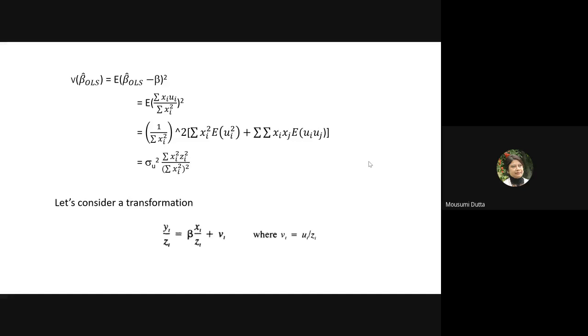Okay, so this is one problem. And another problem is, look at the transformed equation. So when you are transforming the equation, yi and xi, or yi by zi and xi by zi are not identical to yi and zi. Now, if your research is with respect to some variables with which you want to finally conclude about everything, in that case, this kind of transformation, zi is another factor.